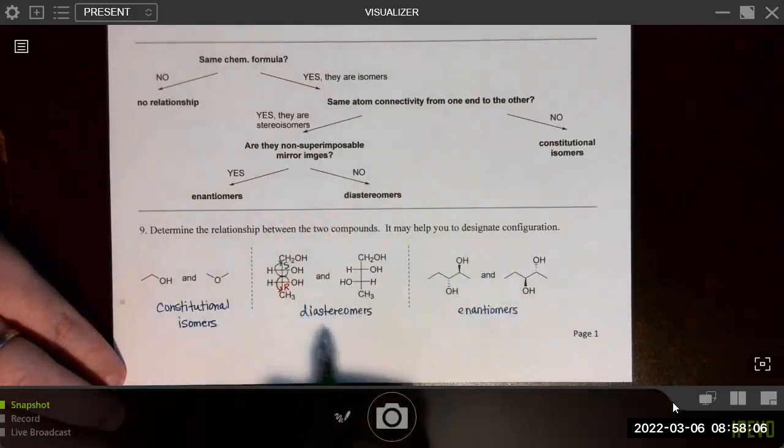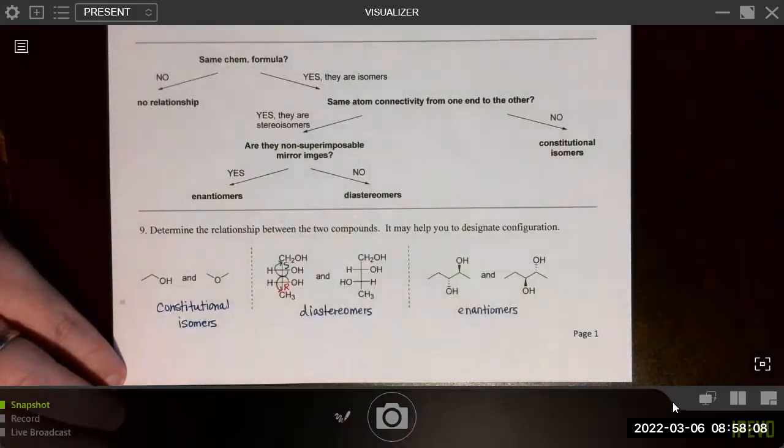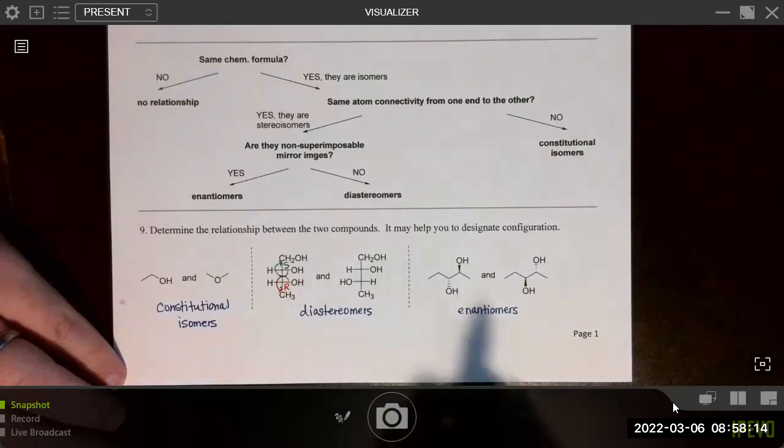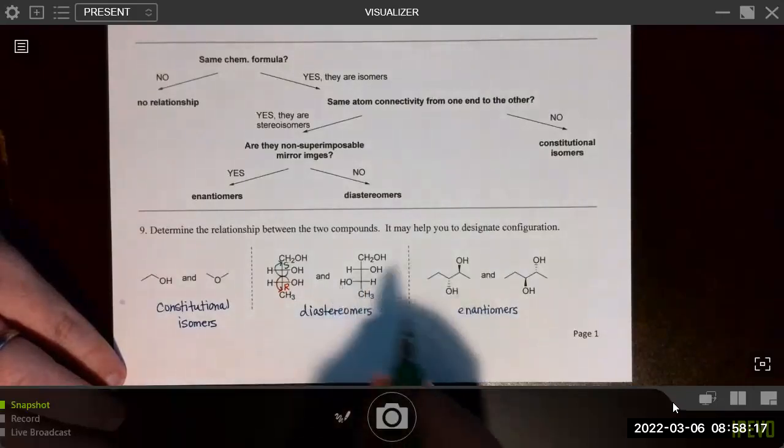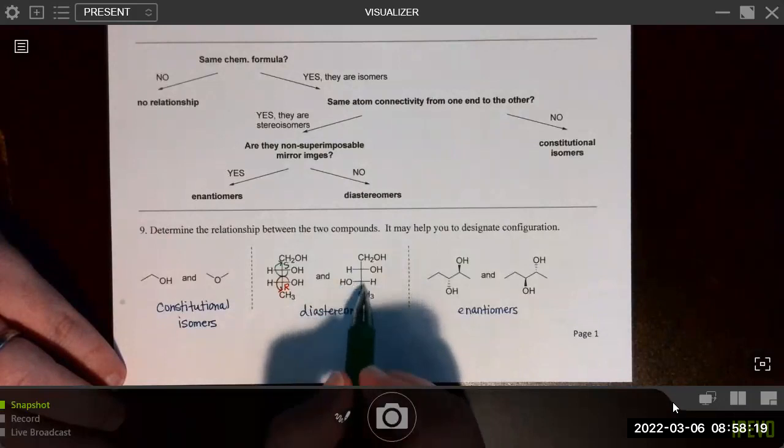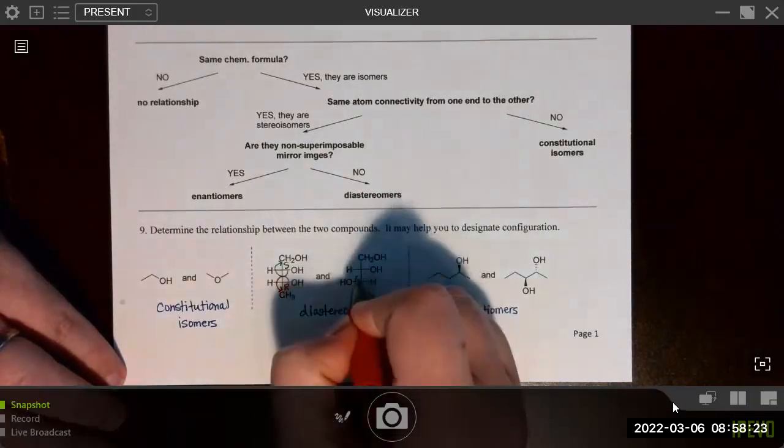Remember that diastereomers should have 1 or more configurations the same or identical, and the other 1 or more opposite. So if we do the same analysis over here, we've got 1, 2, 3. Okay, I should have done this in red. 1 to 2 to 3.